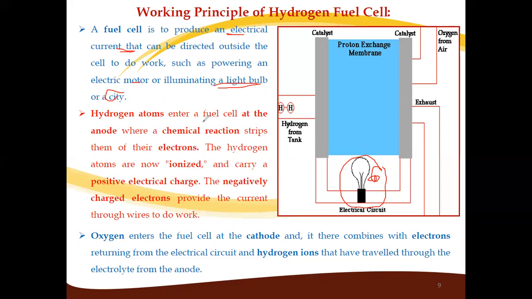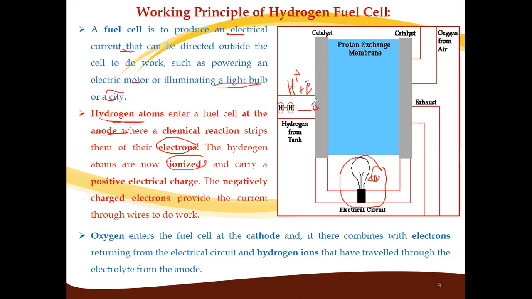But in general terms, hydrogen atoms enter a fuel cell at the anode, where a chemical reaction happens. The chemical reaction strips them of their electrons, and the hydrogen atoms are now ionized. So there is H plus, and we get another particle, the electron, E minus, at this anode part.